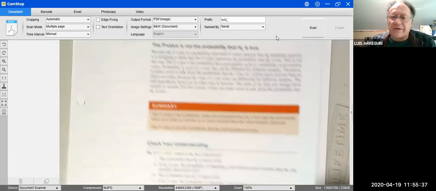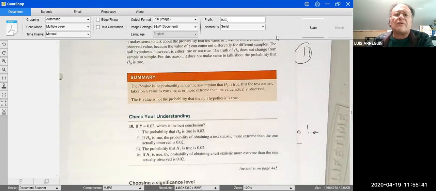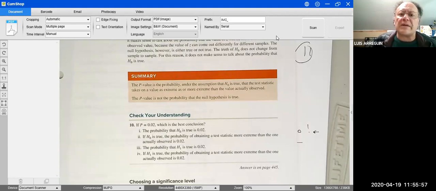Another way to say the same thing is that the p-value is the probability, under the assumption that the null is true, that the test statistic takes on a value as extreme as or more extreme than the value actually observed. So the p-value is not the probability that the null hypothesis is true. This is important.